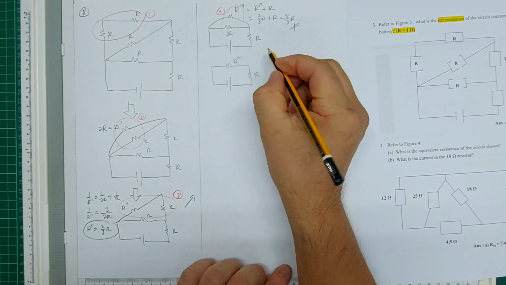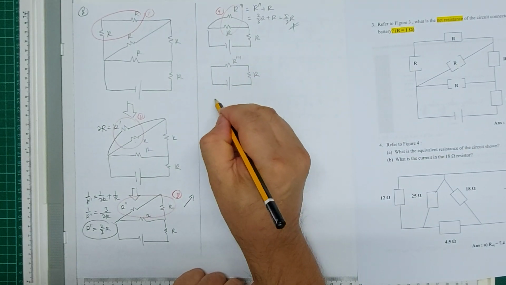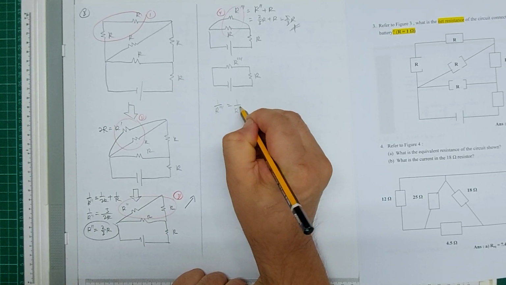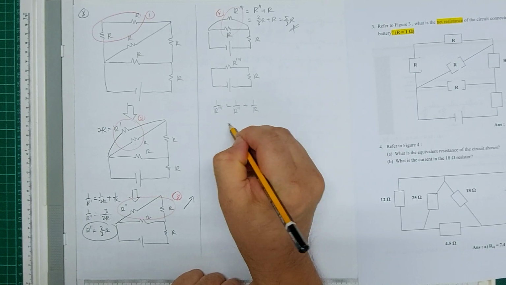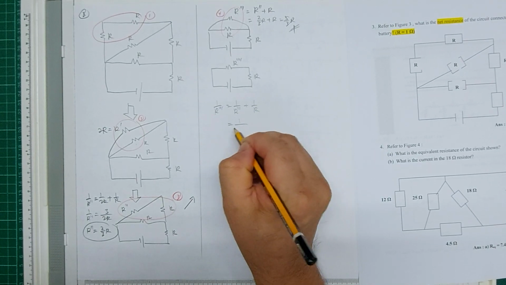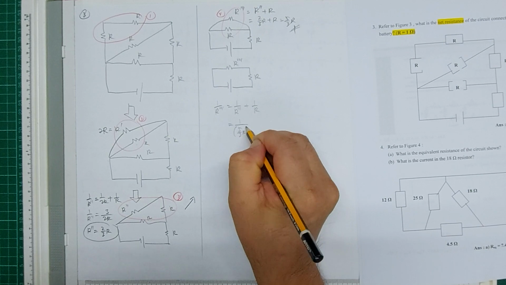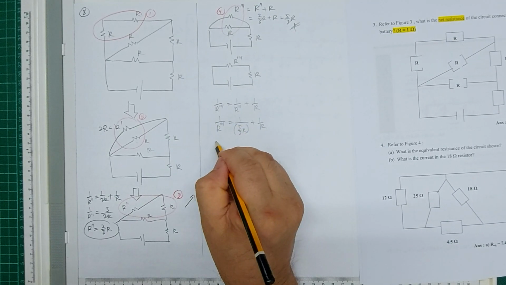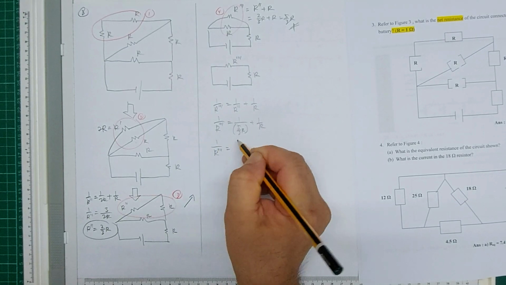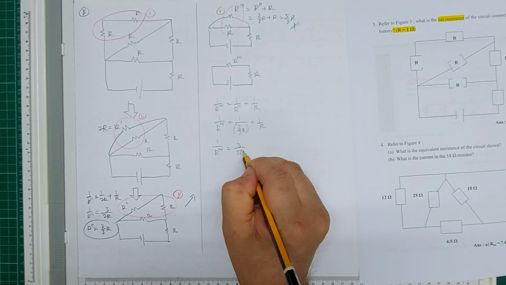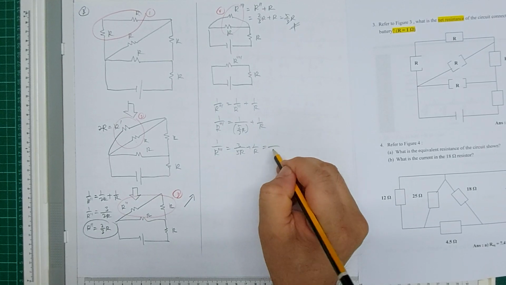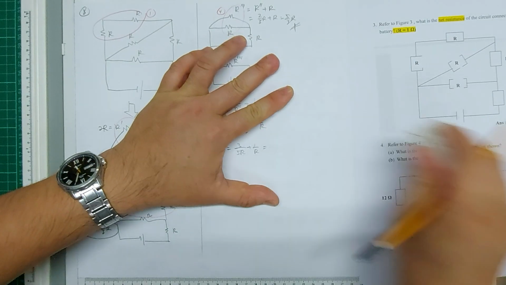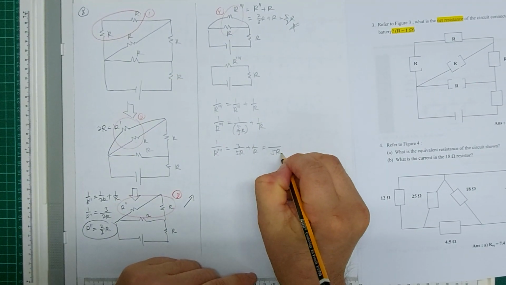So now combine them using 1 over R prime prime prime prime equal to 1 over R prime prime prime plus 1 over R. This one is 5 over 3R, and this 1 over R. Simplify that: it is equal to 3 over 5R plus 1 over R, and this one is going to become 5R here, sorry, 5R.